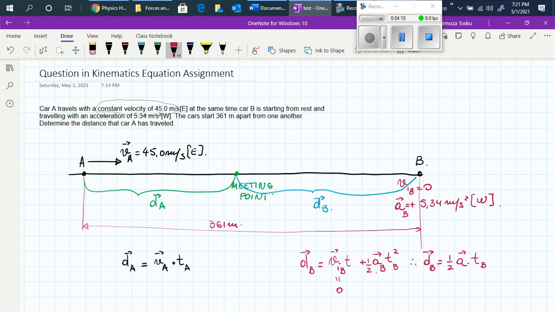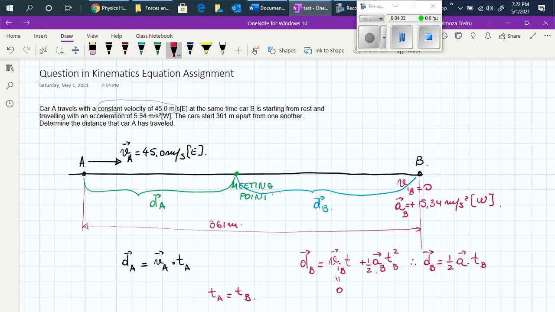The key here is that they start apart and meet at the same point, heading toward each other, meaning that the time that A is traveling is the same as the time that B is traveling.